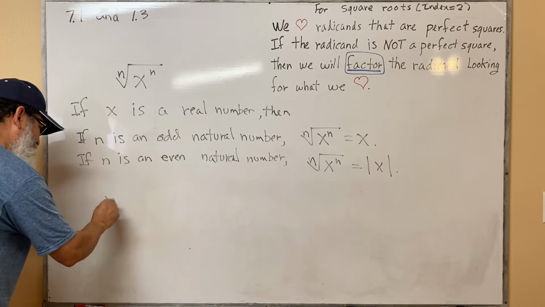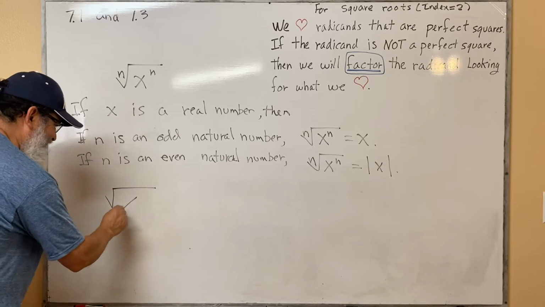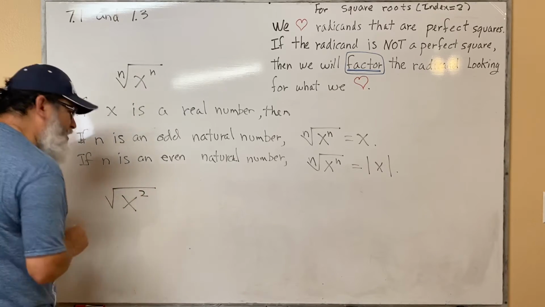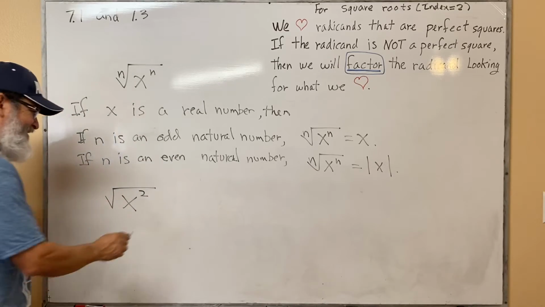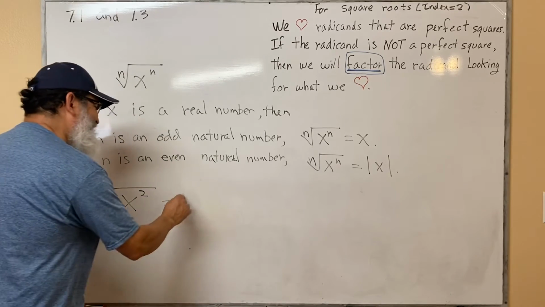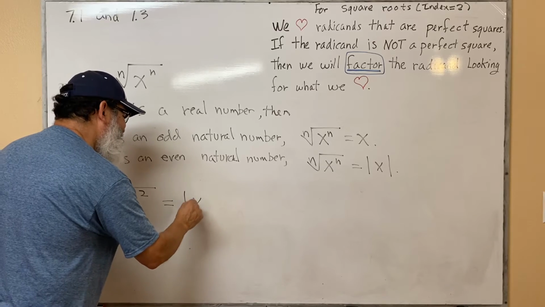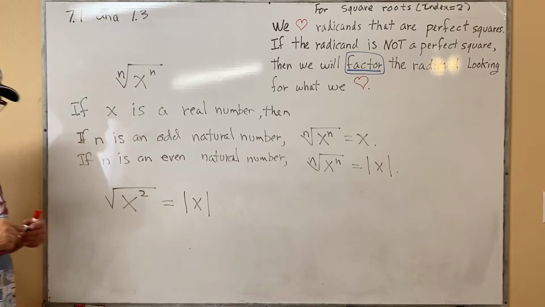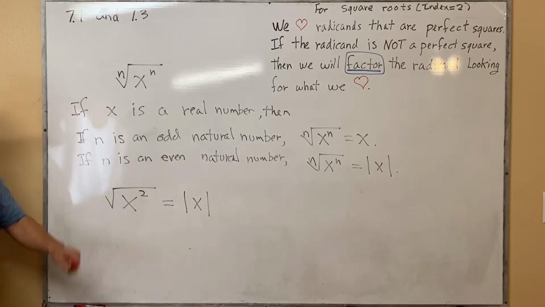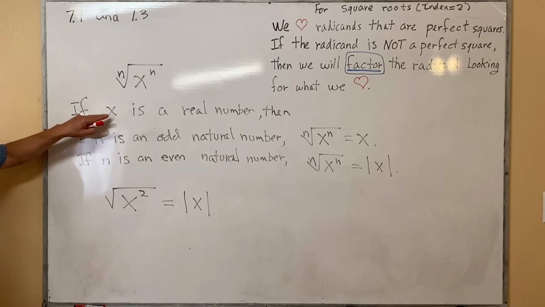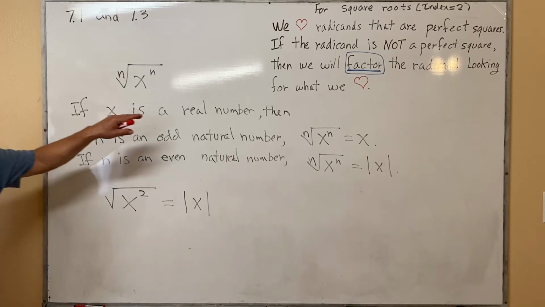The square root of x squared, they're saying, is the absolute value of x. That's what they're saying. Okay? If x is any real number.